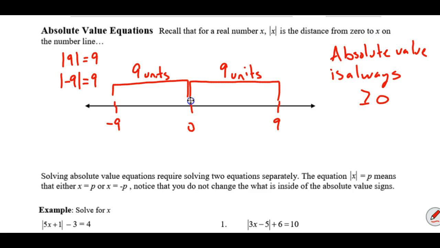All right? So we can generalize that into a statement talking about x units. It doesn't matter what x is. For any value x or negative x, the distance will always be x units.